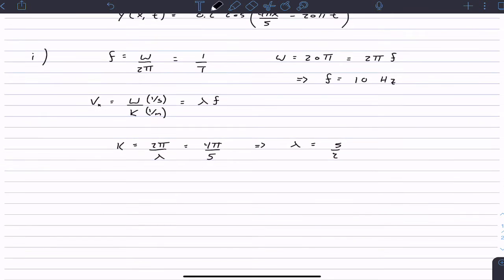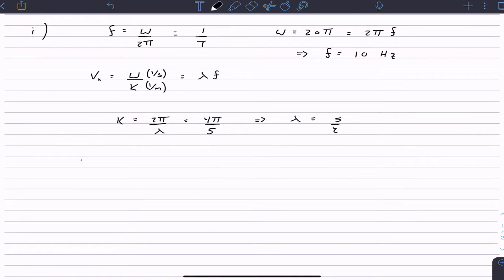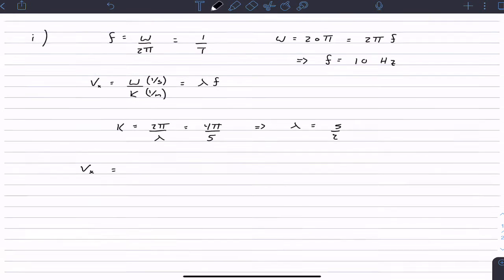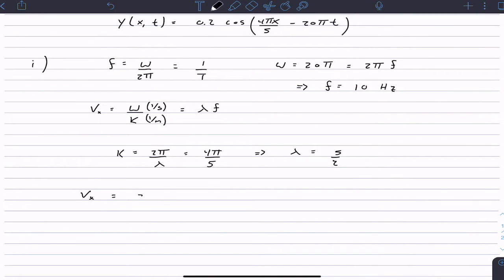So then we put this back in here. So V is equal to, let's just make sure that everything works out right. So now we have 20 pi for omega over k, right? And then k, 4 pi over 5. That cancels, that cancels. This is 5 times 5, so that's going to be 25 meters per second.